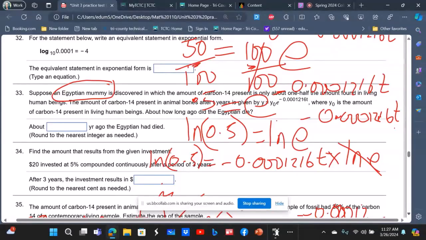Now I'm going to divide both sides by the coefficient of t, negative 0.0001216, because I'm solving for t.